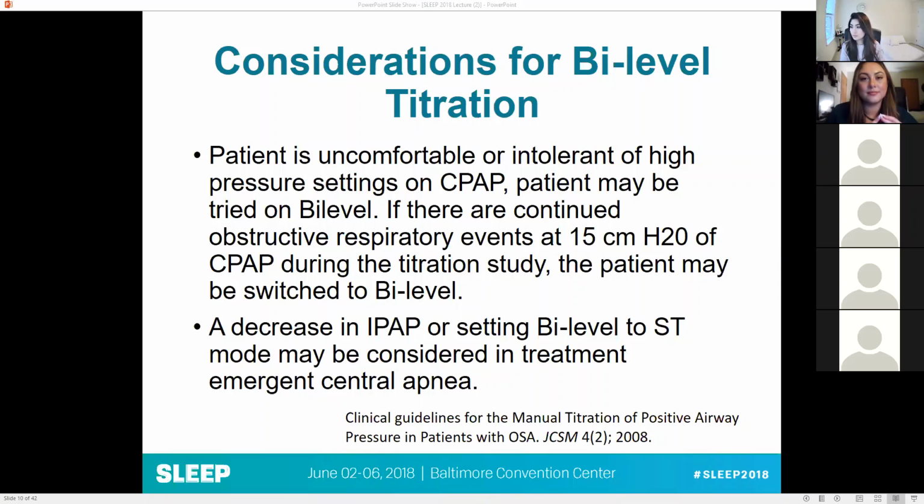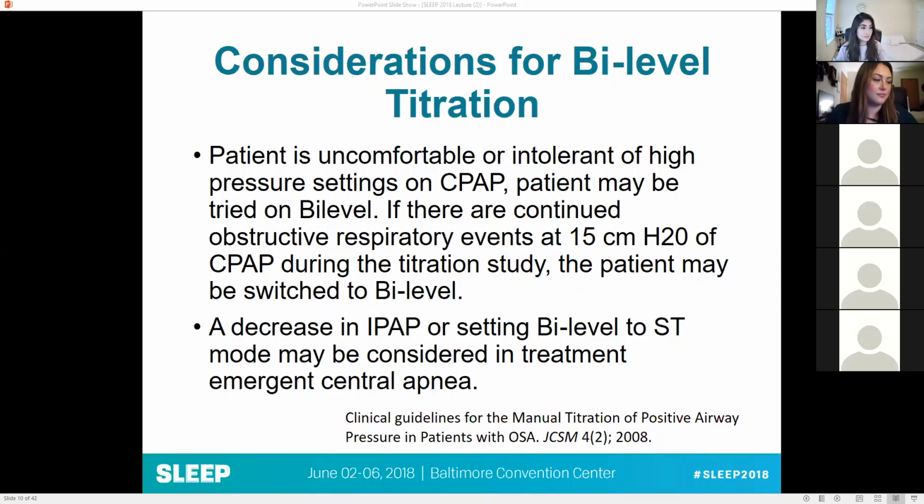And that's because when you get to those higher pressures on CPAP, it can be really difficult to tolerate those high pressures. And a lot of that's up to the tech's judgment, or respiratory therapist or sleep tech's judgment, how well a patient's tolerating CPAP or BiPAP.